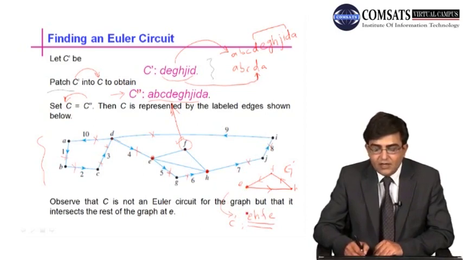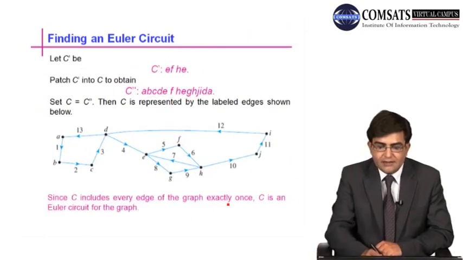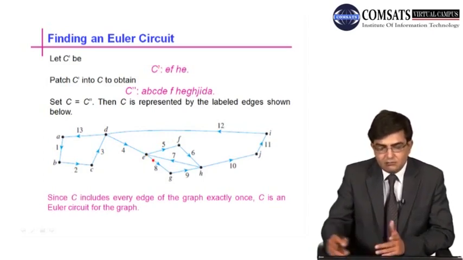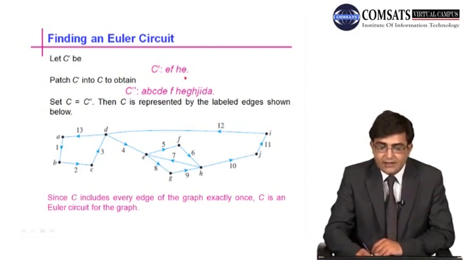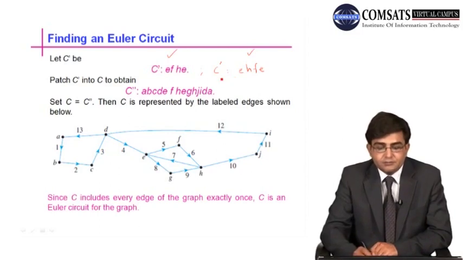Now again we patch up C and C dash. Here you can create a circuit like this, E, F, H, E. This is also valid. Or what I have constructed here is E, H, F, E. Both of these are correct; you can use either of the two.